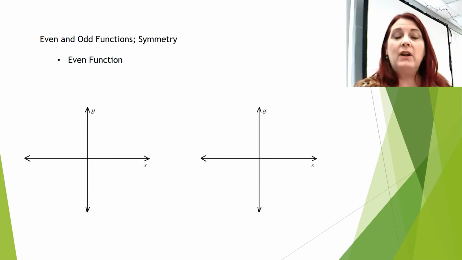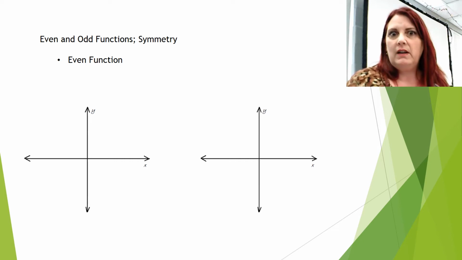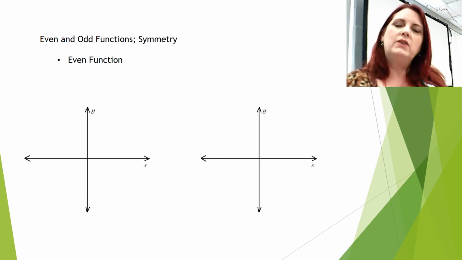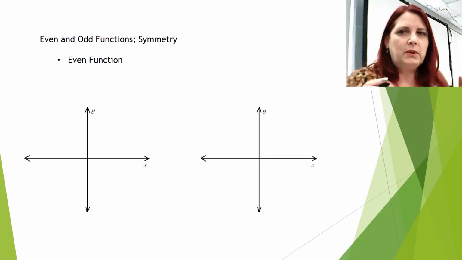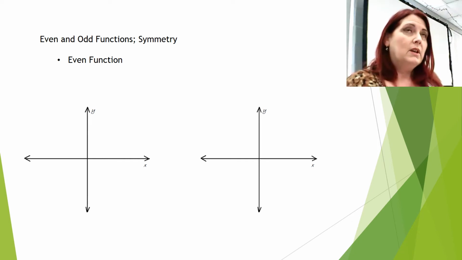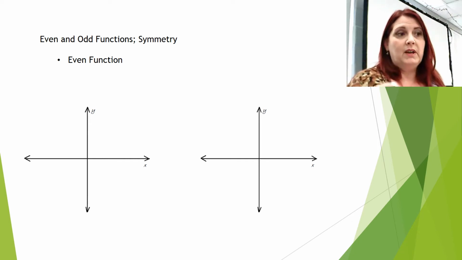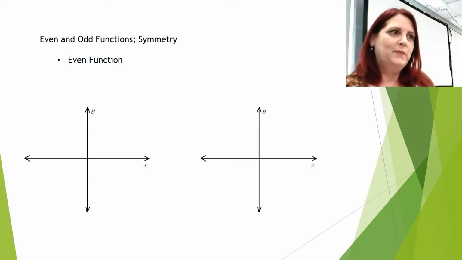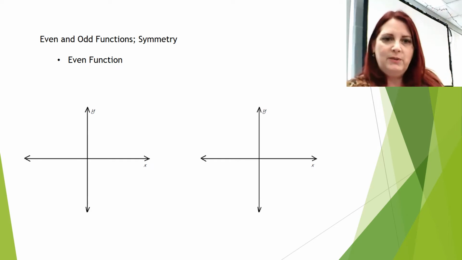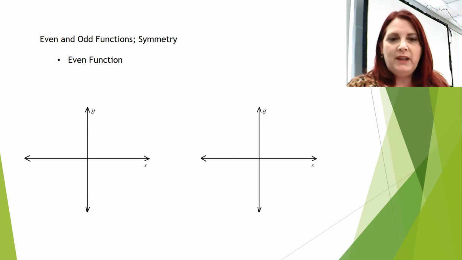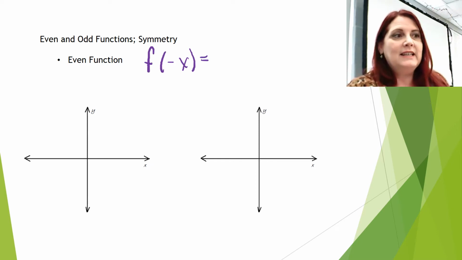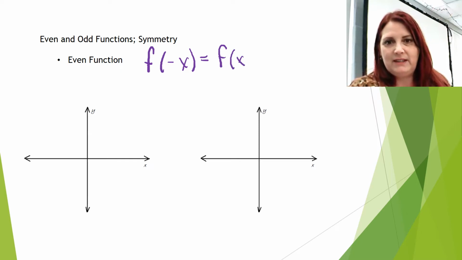So here we are. Now we're going to look at even more characteristics. We're going to look at even and odd functions, which has to do with their symmetry. First things first, we're going to look at an even function. You've done an even function before. An even function was the cosine function, so that's the one example we're going to use. Algebraically, an even function means that f of -x is the same thing as f of x.